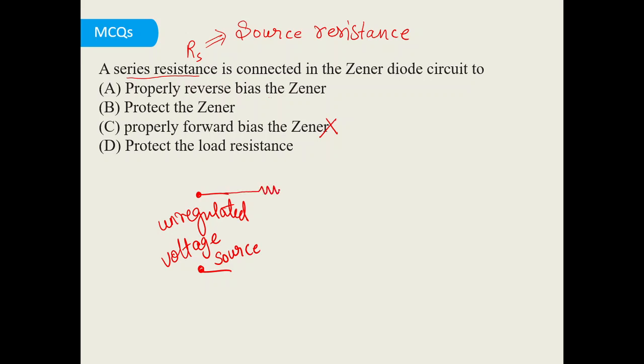It is connected to the source resistance RS, or series resistance RS. Then the Zener diode is connected in the reverse bias condition like this. This is positive, this is negative. Negative is connected to the positive terminal, positive is connected to the negative terminal. That means it is the reverse bias condition, right? So the Zener diode in reverse bias acts like a voltage regulator.